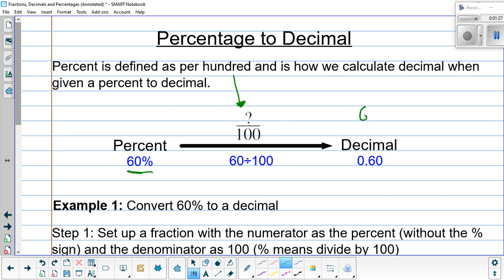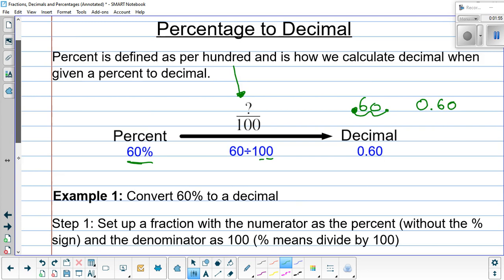So if I write down the number 60, and we know we have a decimal place at the end of every whole number, then I'm moving it left twice because dividing by 100 will do that. Really, the numbers are moving, but in terms of what we are physically doing to our page, we're moving our decimal. So we moved it to the left two places, and then we can rewrite 0.60.